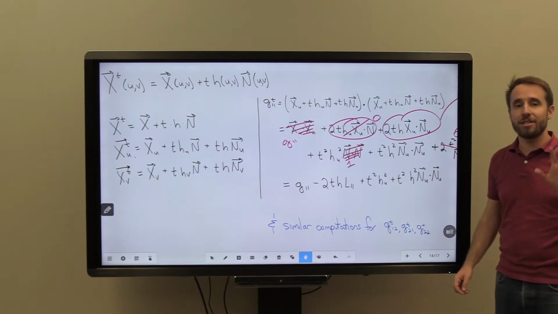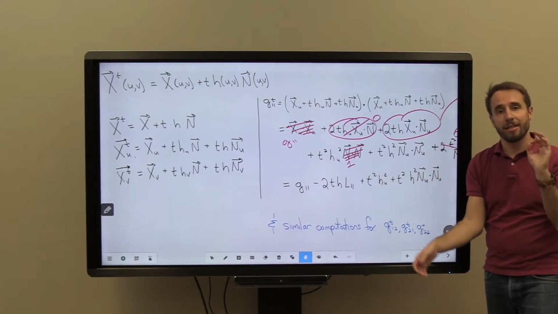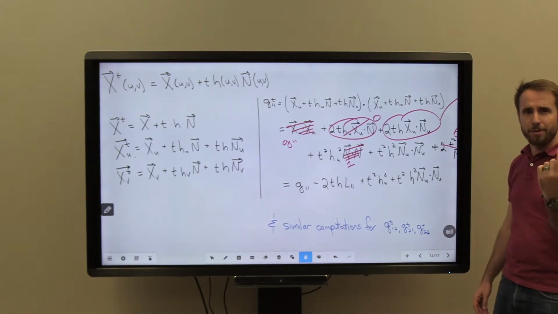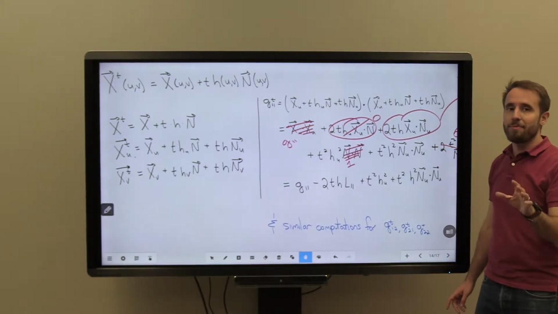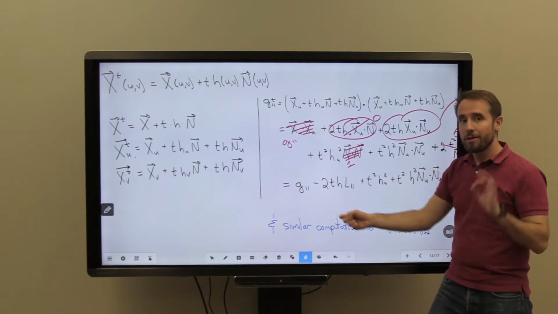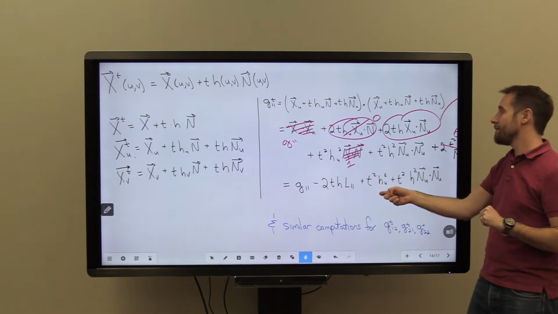Now we are in a position to rewrite that entire first entry. So the G11 entry, I'm sorry, this is our first fundamental form. The G11 entry for our time-dependent normal variation is G11 minus 2THL11, right?